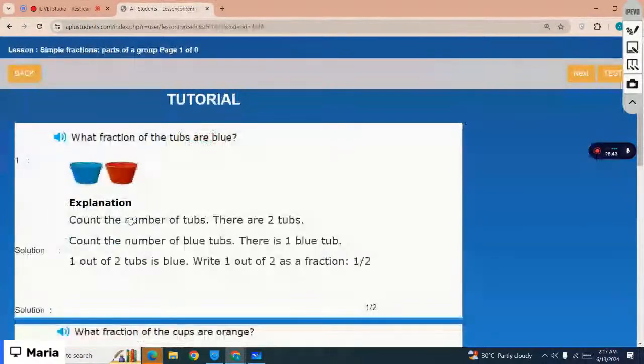What fraction of the tubs are blue? So you are given two of the tubs, right? And only one of them is blue. So how do you write?